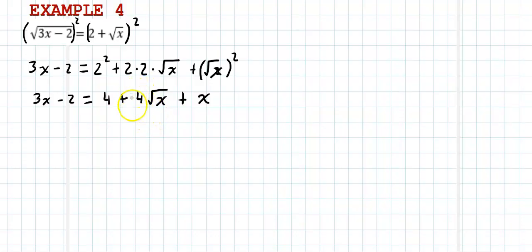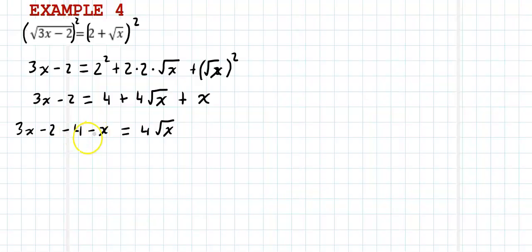We have to isolate this term to simplify the equation. So I'm going to subtract 4 and x from the left side.